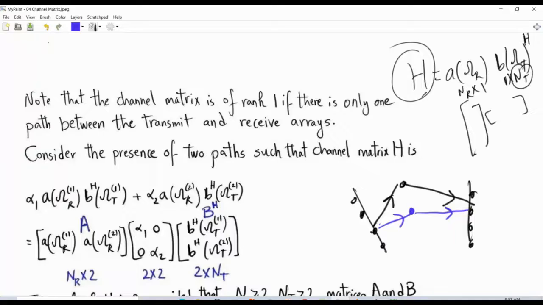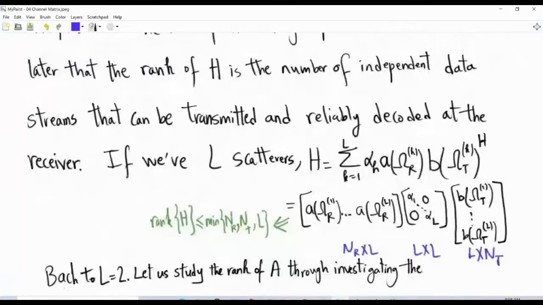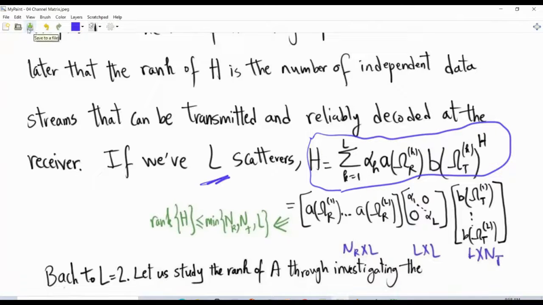If we have 2 scatterers, you take the outer product corresponding to the first scatterer multiplied by the respective gain factor, and the outer product corresponding to the second scatterer multiplied by its respective gain or amplitude factor, then you just sum them together. What if you have 3 scatterers? You can just write this general formula for L scatterers.